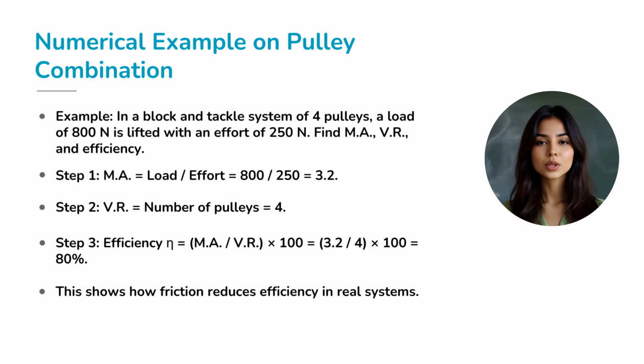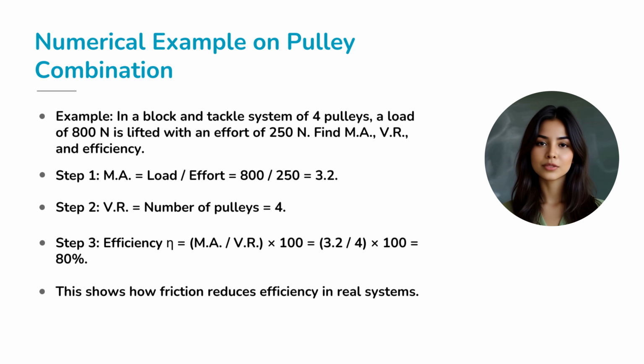Let's apply this to a numerical example. Imagine a block and tackle system of 4 pulleys lifting a load of 800 newtons with an effort of 250 newtons. Step 1. Mechanical advantage equals load divided by effort. That is 800 divided by 250, which equals 3.2. Step 2. Velocity ratio equals the number of pulleys, which is 4.